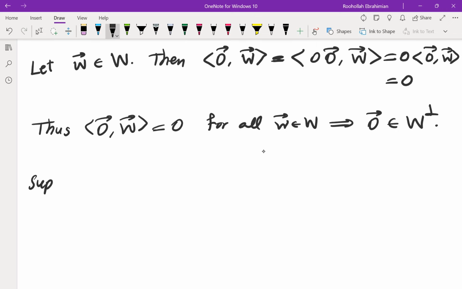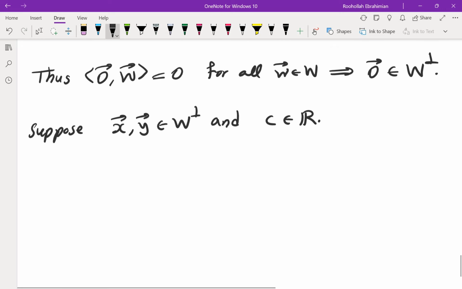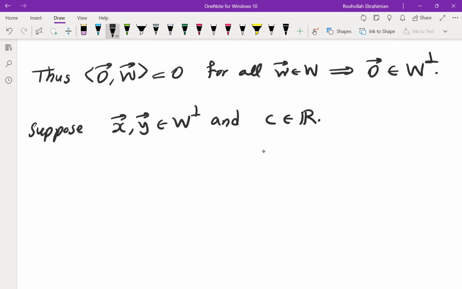Now suppose x and y are in W perp and c is a scalar. We will have to show that x plus y and cx are also in W perp.